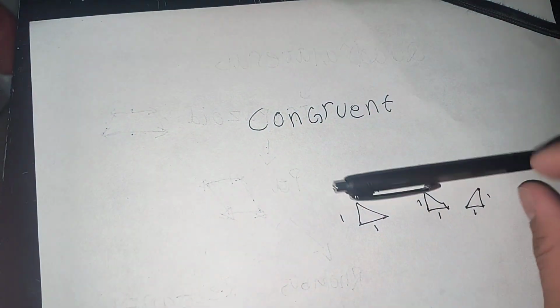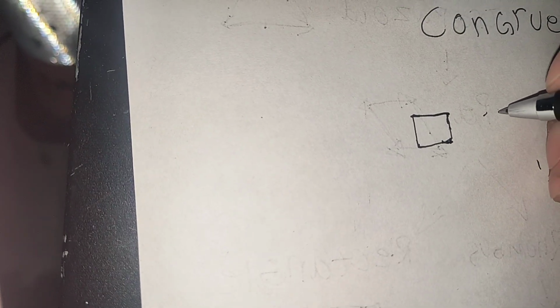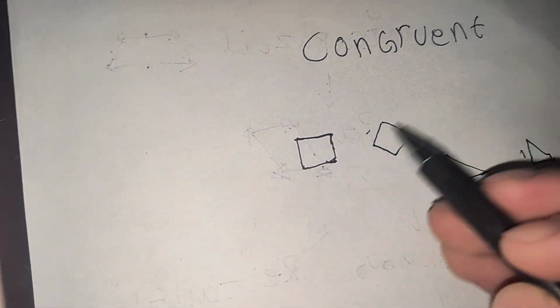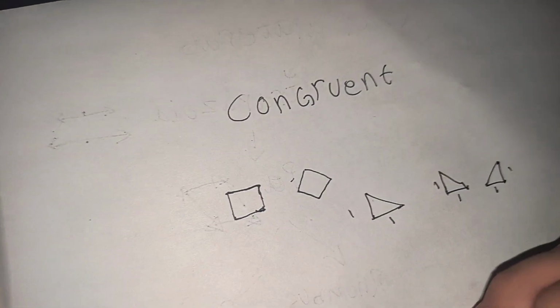End of story. This applies to all shapes. If it's a square, and both squares are the same size except one square's rotated like this, let's say they're both the same size but one square's rotated like this, they are still congruent.